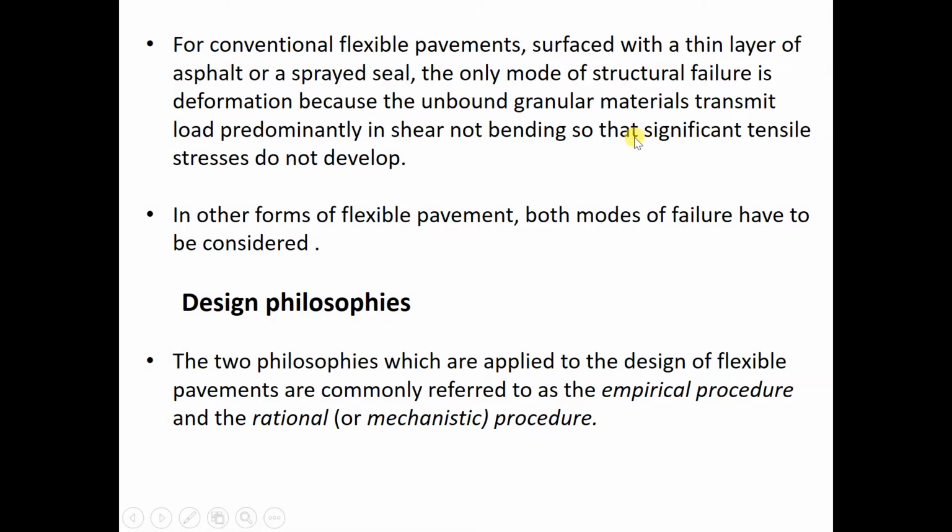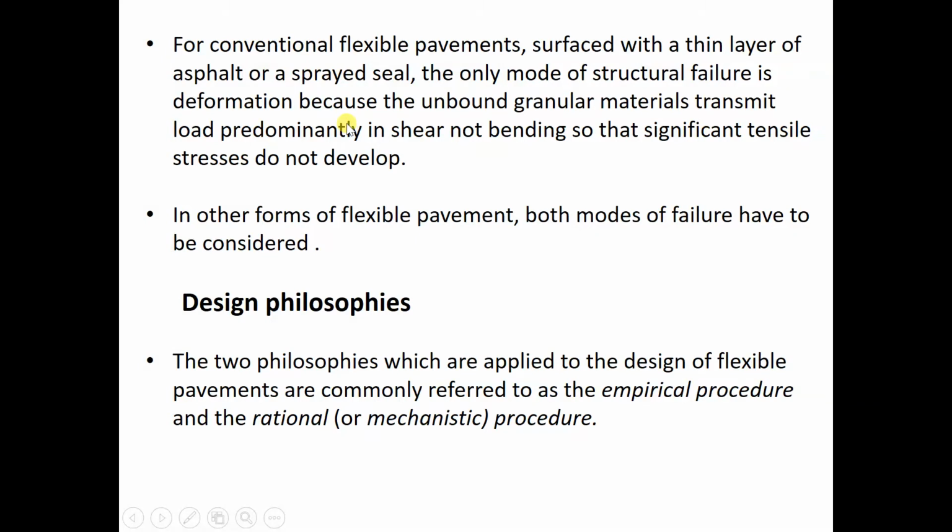So when the top asphalt is very thin, or a spray seal is used, we usually assume that the pavement failure is mostly due to deformation, because the asphalt, when it's very thin, is considered non-structural. It doesn't add any strength to the pavement.